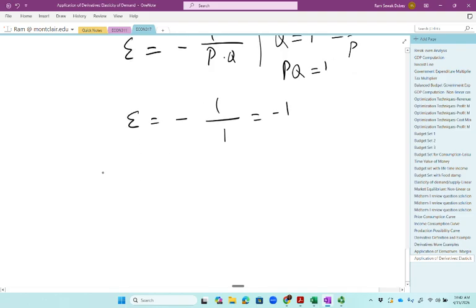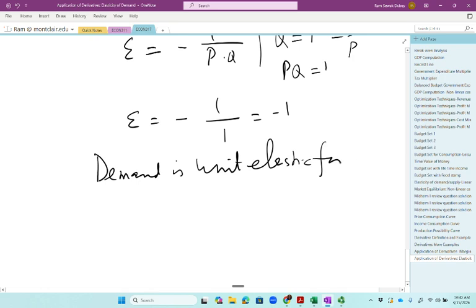So elasticity is negative 1. This demand is unit elastic for all price quantity pairs, because I did not assign any specific value of price and quantity.